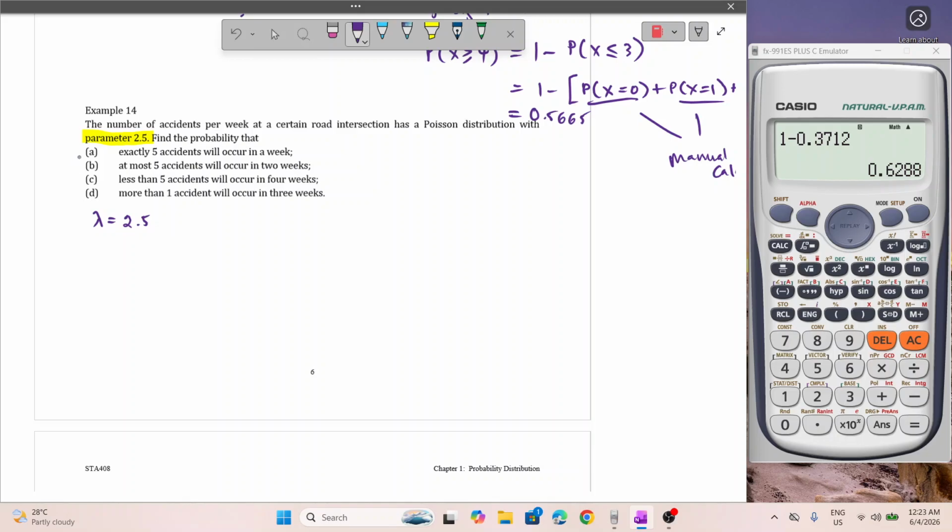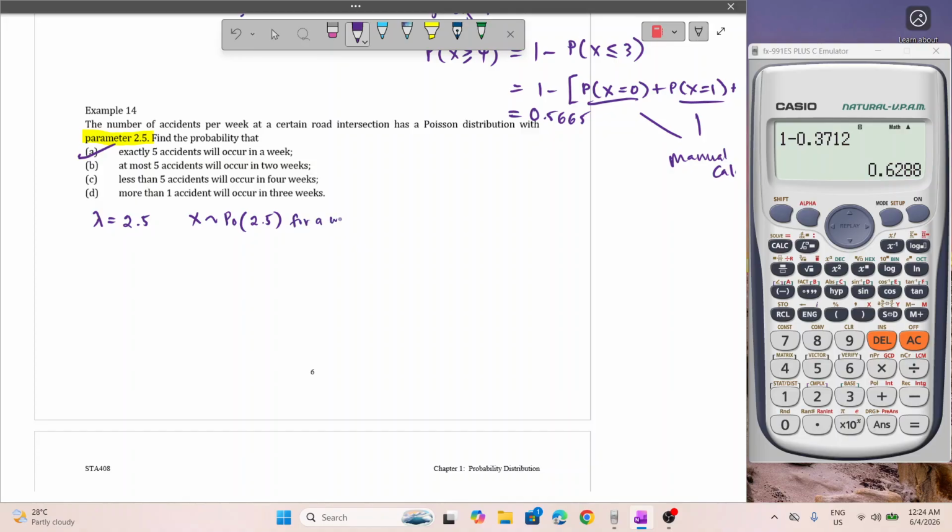Okay, now let's do the question for A. Exactly 5 accidents will occur in a week. By the way, before that, we can also rewrite the question like this: a random variable X follows a Poisson distribution with lambda 2.5 for a week.